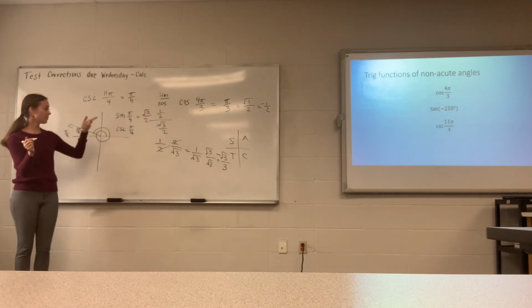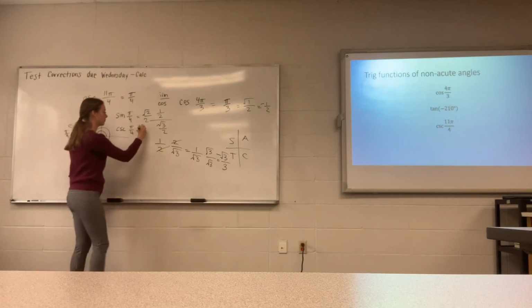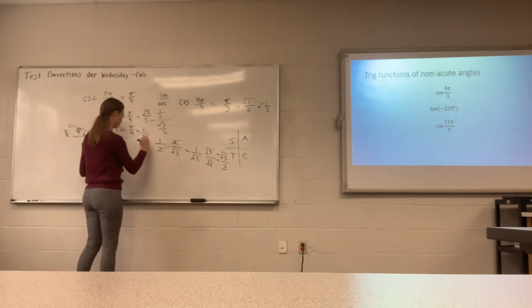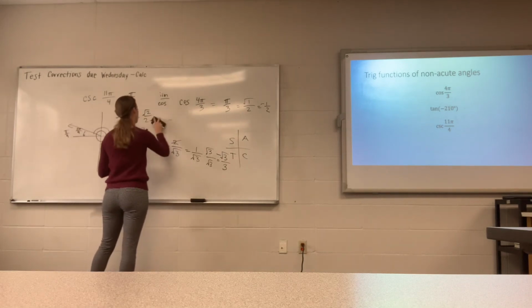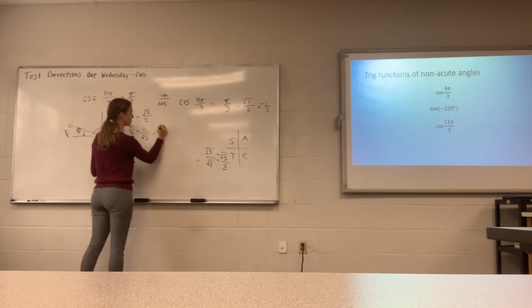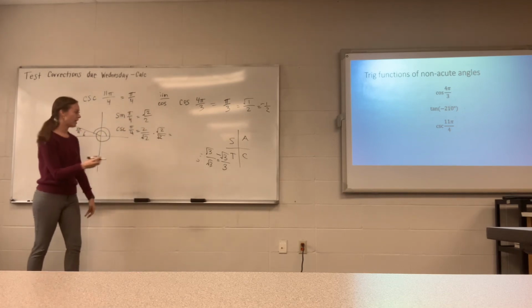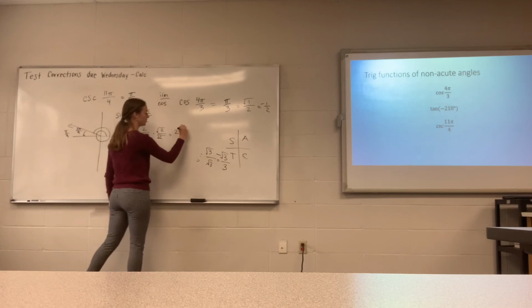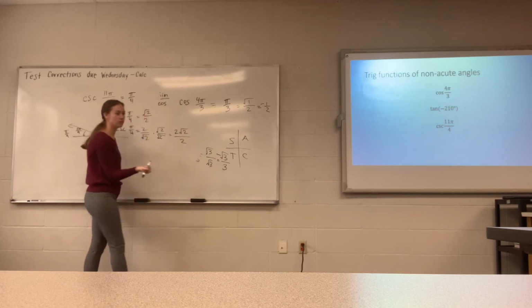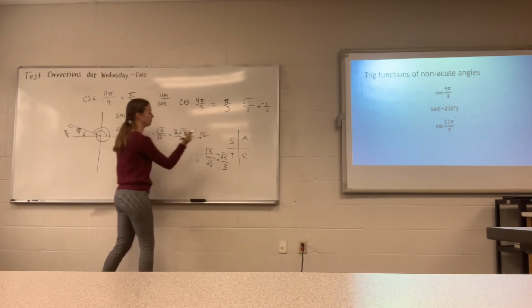If I flip that to get my cosecant, what would it be? 2 over square root of 2. Can I leave it like that? If I multiply by square root of 2 over square root of 2, then I'd have 2 square root of 2 over 2. It'd just be square root of 2. Yep, which is just going to be the square root of 2.